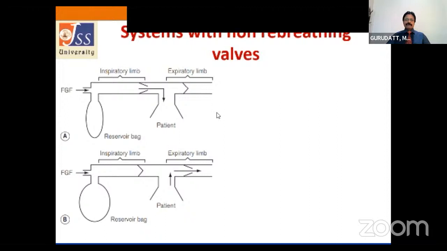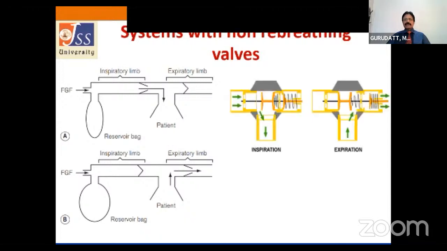The minimum fresh gas flow you have to keep is equal to 1 minute ventilation. As long as you keep 1 minute ventilation as the fresh gas flow, there will be absolutely no rebreathing. But if you keep less than 1 minute ventilation, there is a high chance of rebreathing of gases by the patient. Now, controlled ventilation.